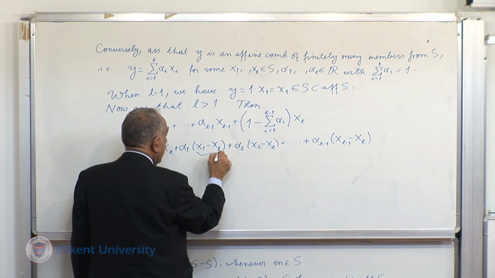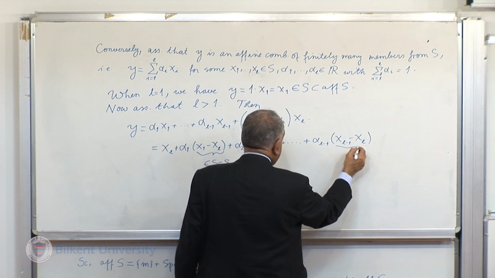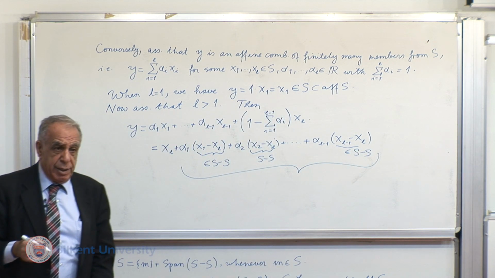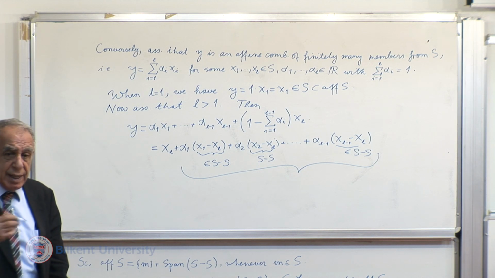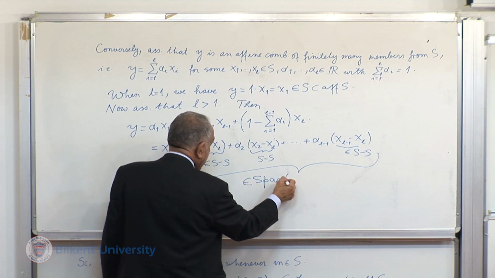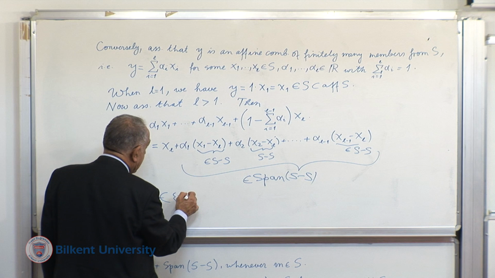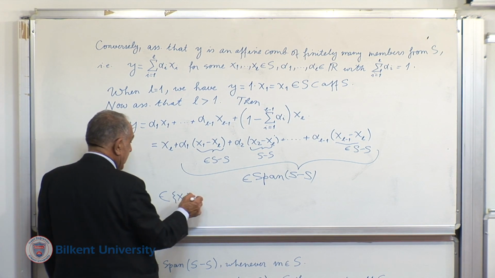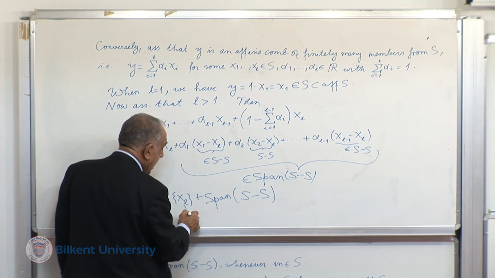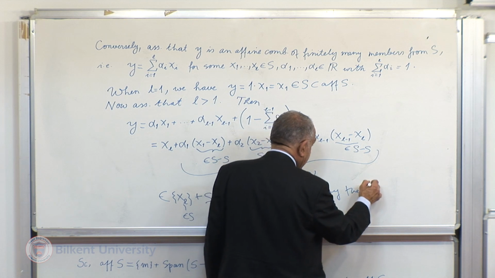What do we know about these? These are all in S minus S. But then this is a linear combination of finitely many members from the set S minus S. So this is in the span of S minus S. So this belongs to the singleton xl plus span S minus S. But this xl is in S, thus in affine hull of S. This is equal to affine hull of S by the above theorem.